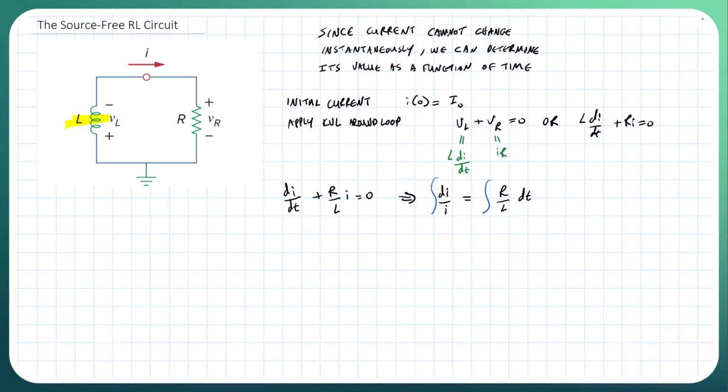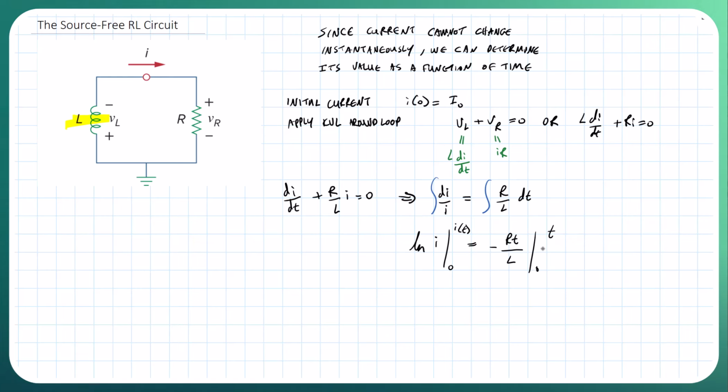We get the natural log of i is equal to minus R times t over L, where this goes from 0 to i of t, and this goes from 0 to t.